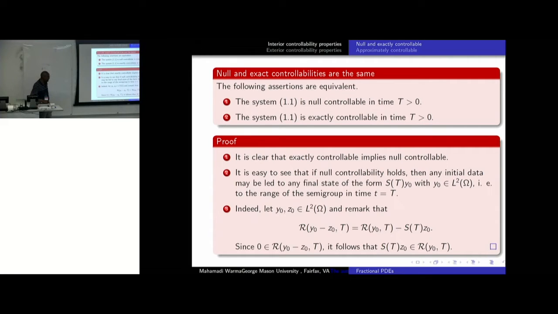But since 0 is here, because we assume that it's null controllable, then necessarily S of t z0 must be here. Then we have proved that null and exact controllability are the same for the heat equation.